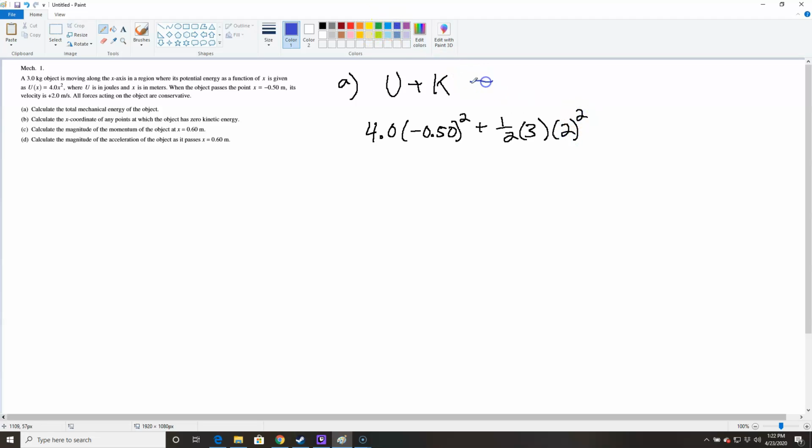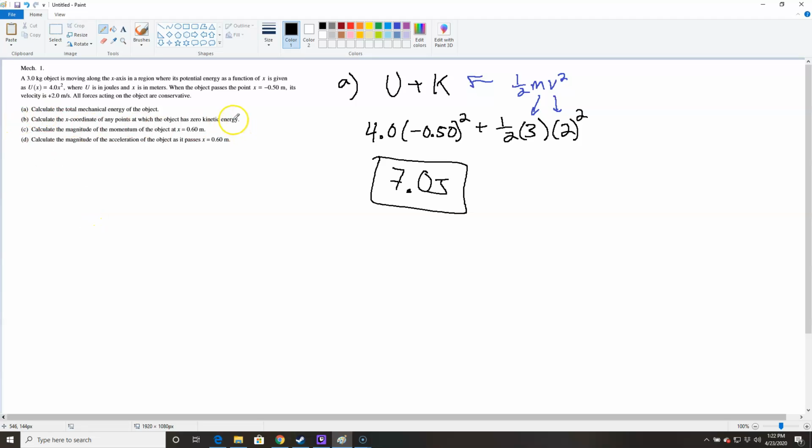As a reminder, kinetic energy is 1/2 mv squared. There's your m, there's your v. Calculator time to solve this one out. I will do 4 times 0.5 squared plus 1/2 times 3 times 2 squared, and I get 7 joules. So 7.0 joules, that's A.